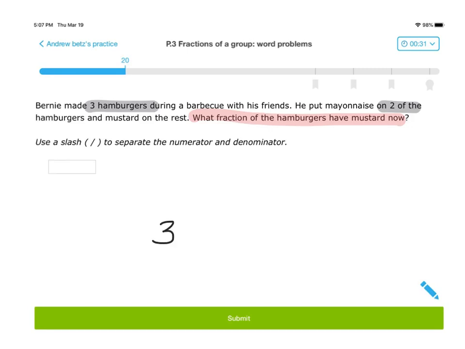He made 3, so that's our denominator. He put mayonnaise on 2 of them, mustard on the rest. So if 2/3 has mustard, that means 1/3. I'm sorry. If 2/3 has mayonnaise, then that means 1/3 has mustard. So I'm going to put in here 1/3. Okay?